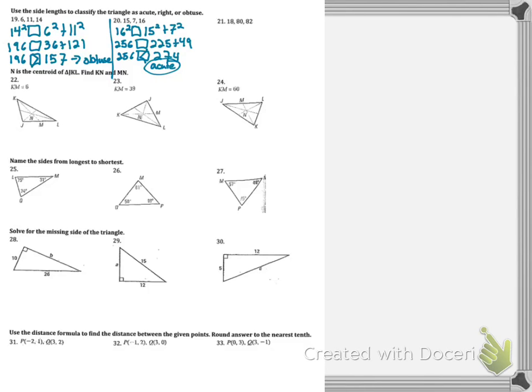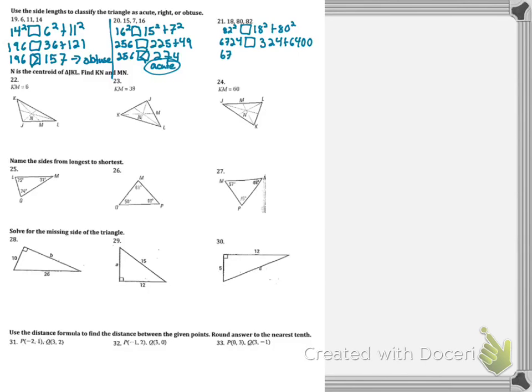And then last but not least, we have our biggest side here, which is 82 squared, compared to 18 squared plus 80 squared. 82 squared is 6,724. 18 squared is 324, plus 80 squared is 6,400.